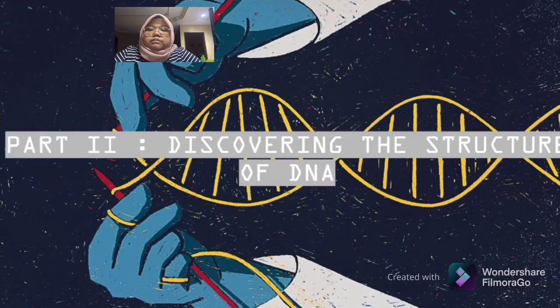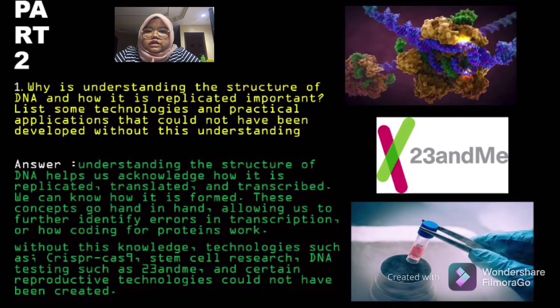Moving to questions in part 2. The first one is, why is understanding the structure of DNA and how it is replicated important? List some technologies and practical applications that could not have been developed without this understanding. So the answer is, understanding the structure of DNA helps us acknowledge how it is replicated, translated, and transcribed, and we can know how it is formed.